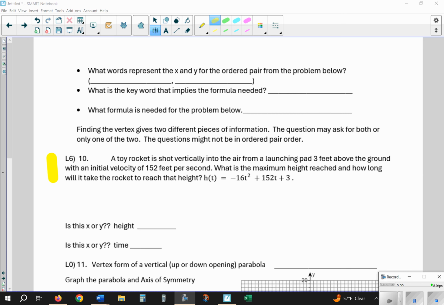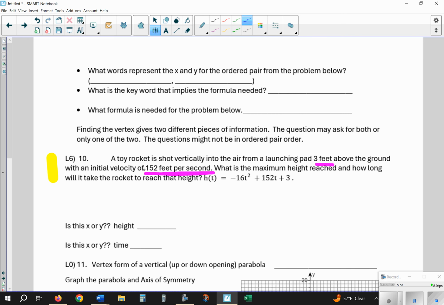Okay, so when I read this question, one of the first things I notice is from the given equation that 3 feet above the ground is represented right here, and the 152 feet per second is represented right here. So that tells me I'm not using either of those two numbers in any of the work that I have to do.